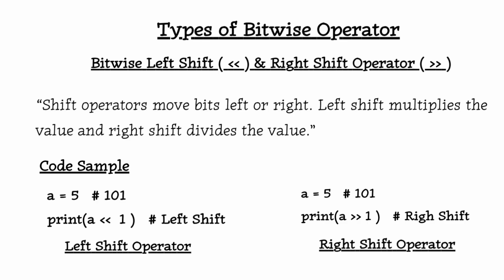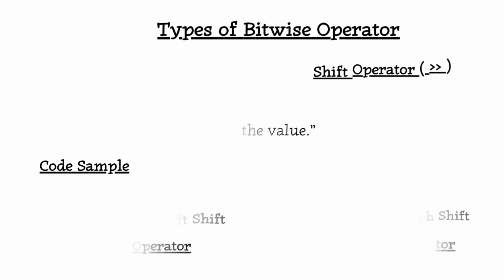The right shift means moving the bits to the right side of the expression. Here it is similar to dividing the number by 2. For the same, I have shown a small code snippet on the screen. For the detailed evaluation, I will explain them in a later video by a practical approach as well.